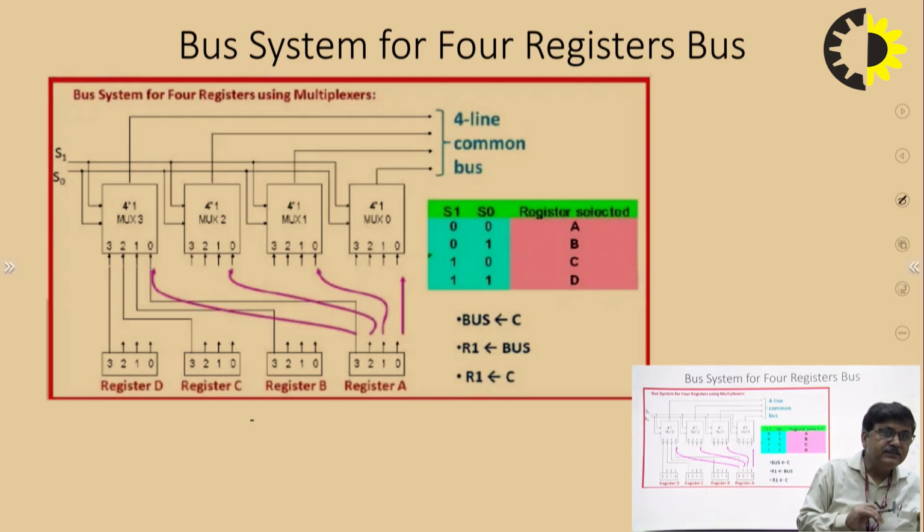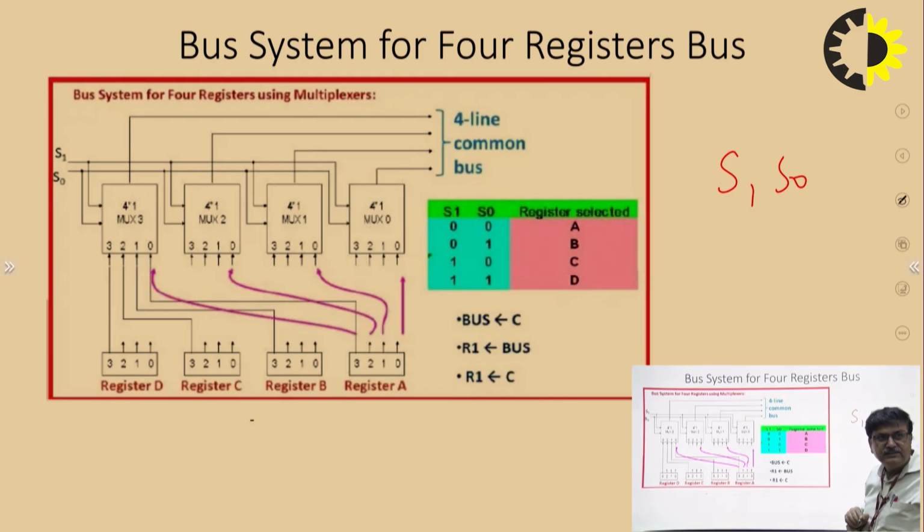We connected this because, as I told you earlier, using the selection lines we select which input will be selected. There are 2 selection lines, S1 and S0.